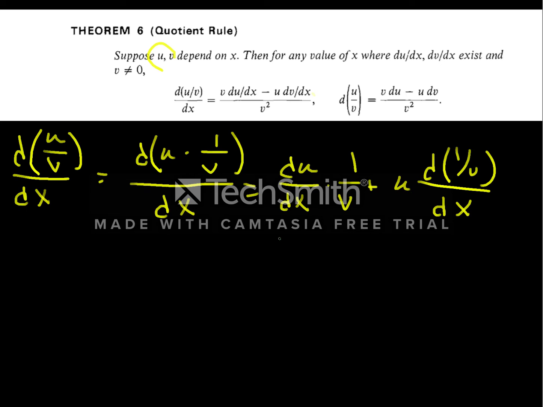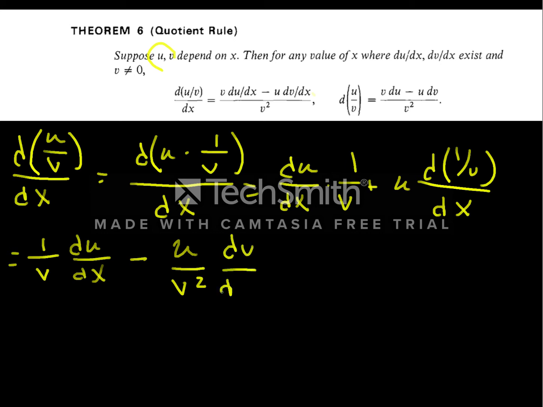So now du/dx, that is what it is. This right here we just computed in the last step, and so this is, let me write this way, 1 over v du/dx minus u over v squared dv/dx.